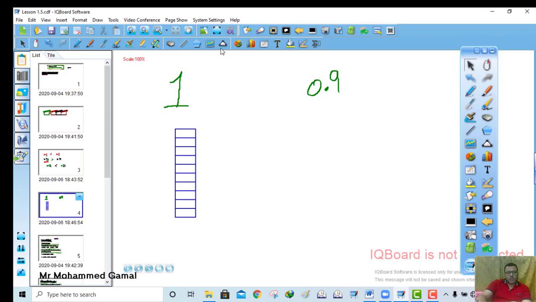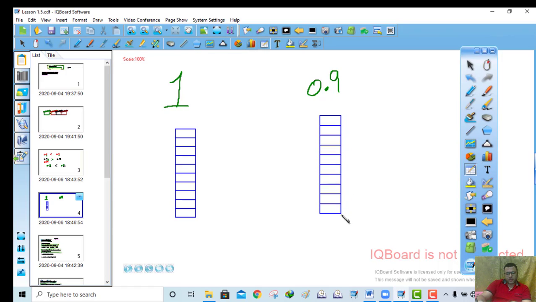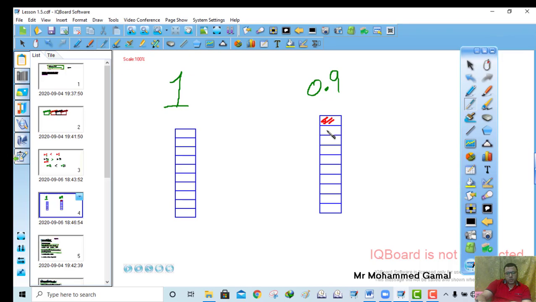And on the other side, if I have 10, I will shade how many? I will shade only 9 of them. 1, 2, 3, 4, 5, 6, 7, 8, 9. So to shade 9 or to shade all of it, of course to shade all of it.